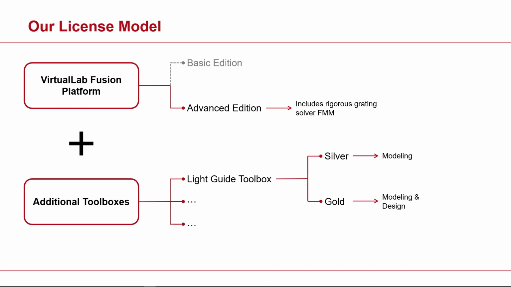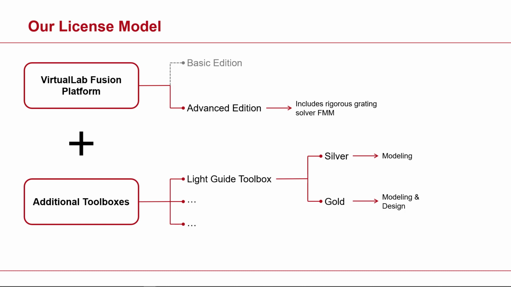On top of that we would add the light guide toolbox, which again comes in two versions: silver, which covers all the aspects of light guide device modeling, and then the gold edition, which on top of that adds some specific tools to aid the optical designer in their job of designing a light guide device for augmented and mixed reality applications.